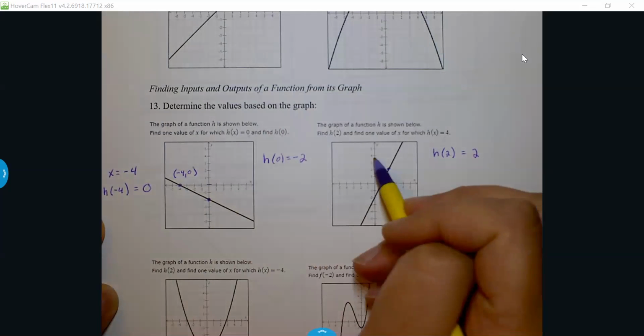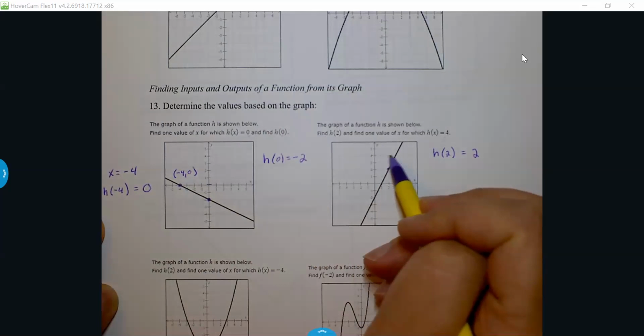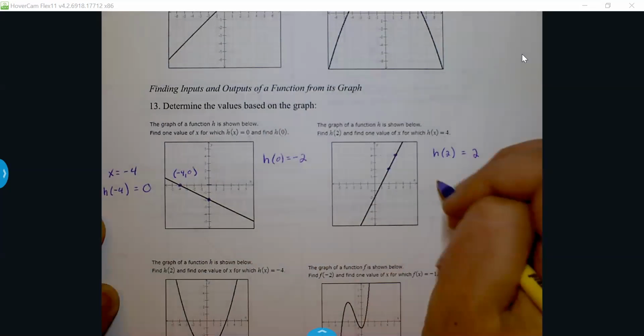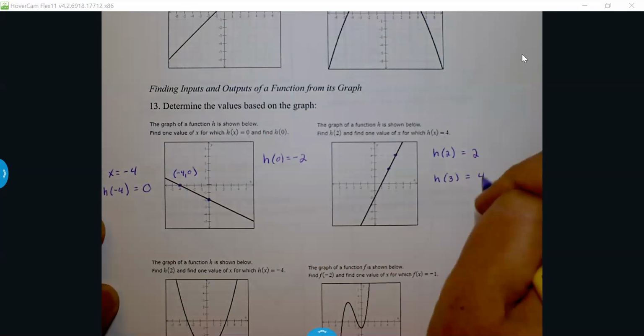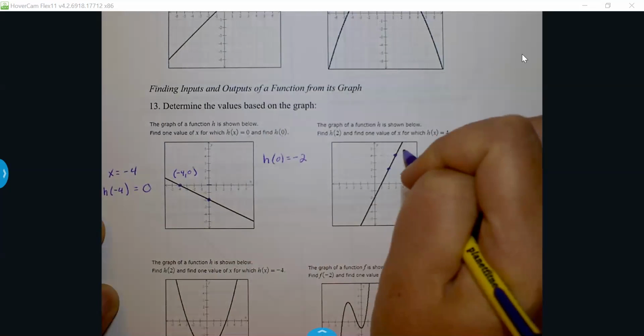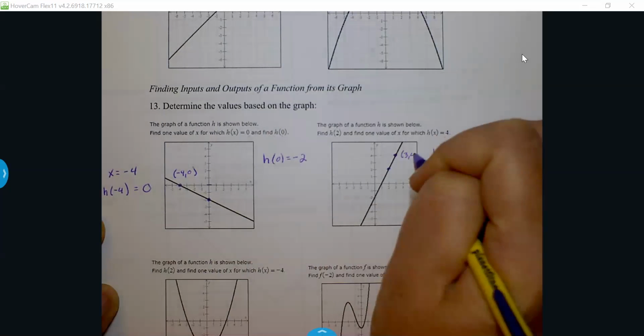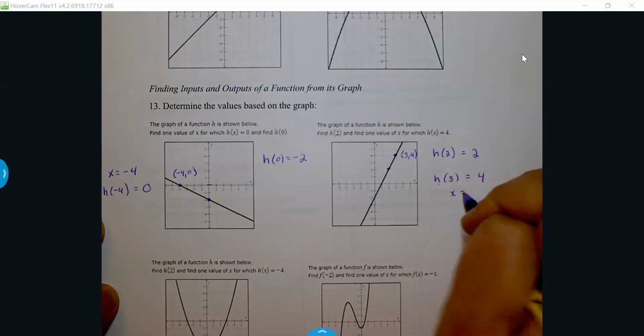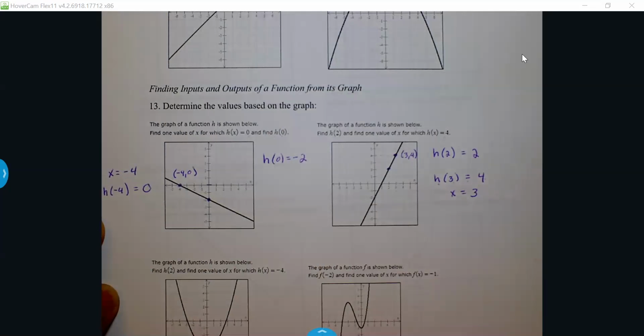So our y is 4 here. We go over, and it's that point right there. And that lines up to 3. So h of 3 equals 4. So this point right here would be the point (3, 4). So the x value would be 3 that you would type for your answer.